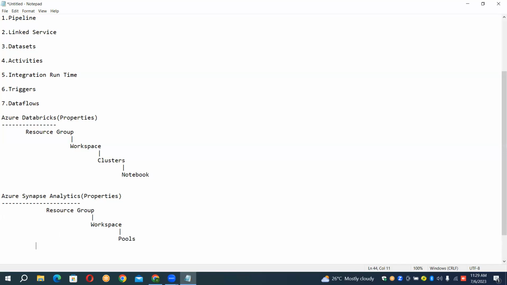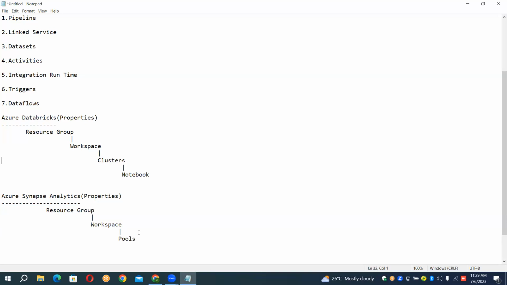So these are the pools you have. Here also you have a one-to-many relationship: one resource group and multiple workspaces, and one workspace, multiple pools.